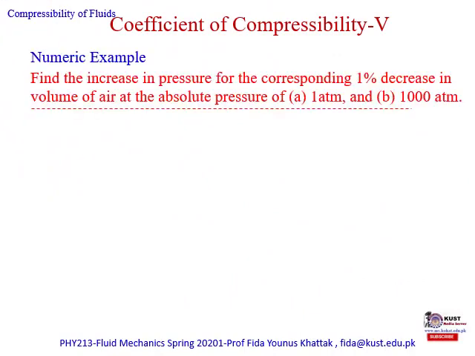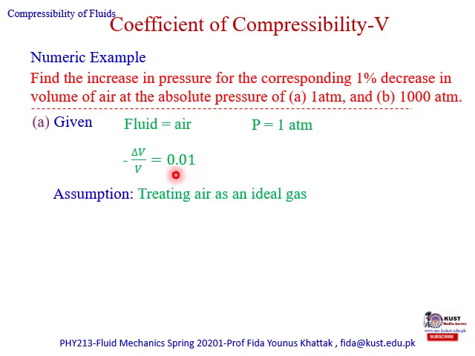Let us calculate the increase in pressure for the corresponding 1% decrease in volume of air at the absolute pressure of number 1, 1 atmospheric, and number 2, 1000 atmospheric. We are given that the fluid is air and the pressure is 1 atmospheric, and the fractional change in volume, minus delta V over V, is equal to 0.01.